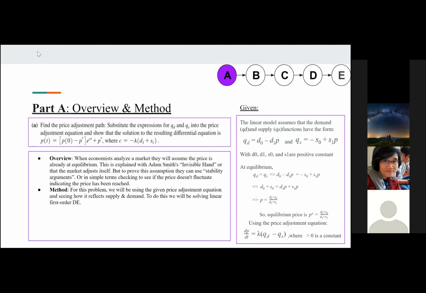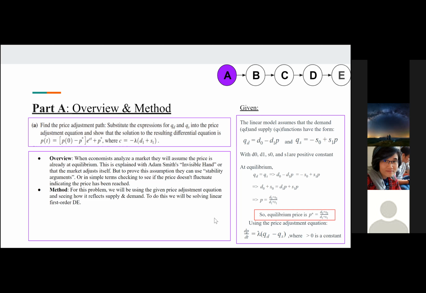In this part, we will substitute the equation of the demand and supply into the price adjustment equation. By a few simple steps on the right-hand side, you can see that by setting the demand and supply equal to each other, we get the price at equilibrium, P star, equal to D0 plus S0 over D1 plus S1.